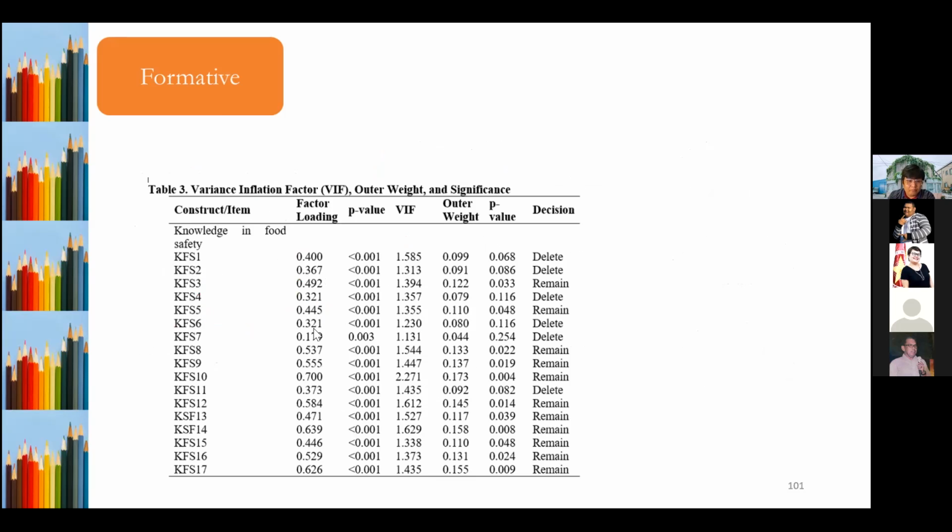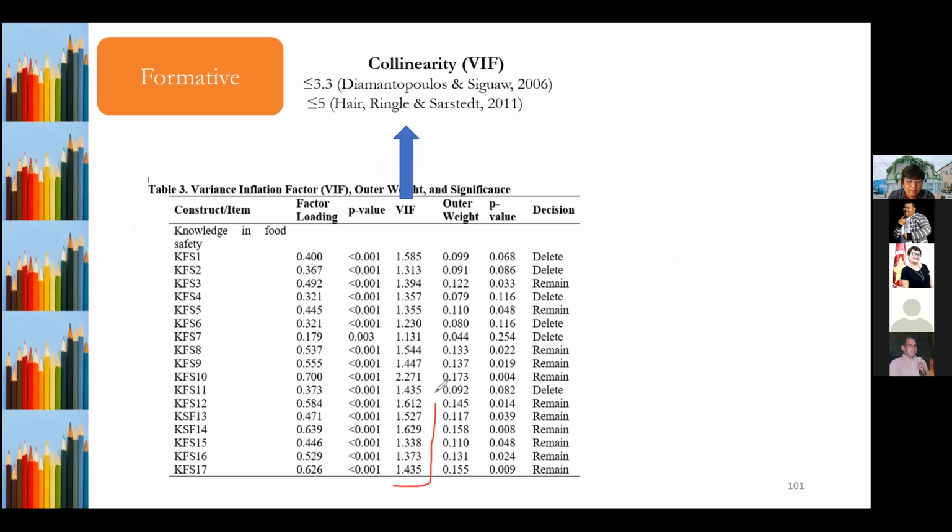Number 2 is the measurement of collinearity. For collinearity, as I mentioned, you look at the VIF, Variance Inflation Factor. From the VIF, look at the values of each item representing a formative construct and evaluate whether they fall within the threshold of 3.3. If they do, it means you pass the collinearity test.